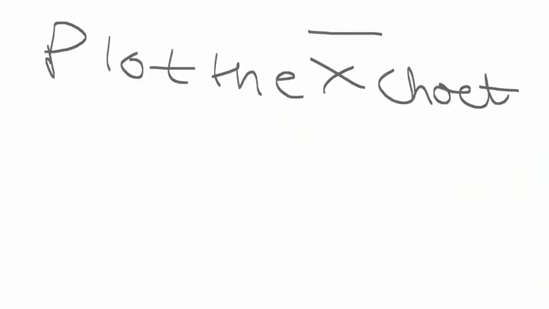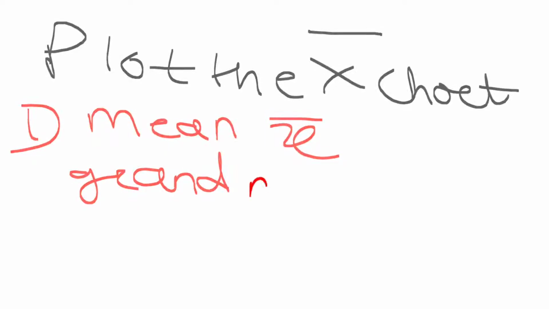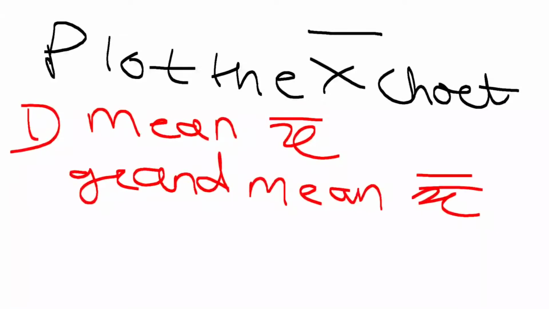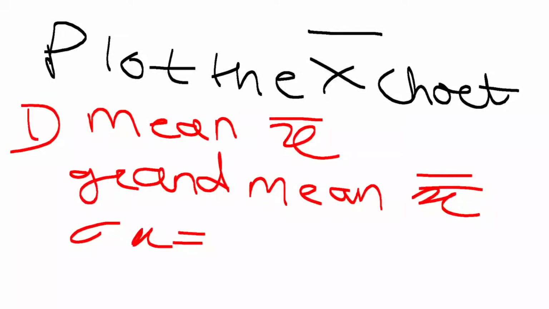So first of all, we will revise how it is drawn. First we calculated the mean, then the grand mean, then we calculated sigma x, that is the sample standard deviation.